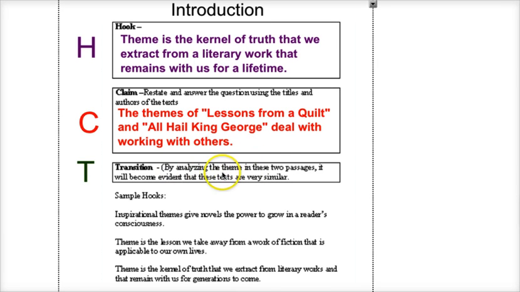By analyzing the main characters in these two passages, it will become evident that these texts are very similar. Or if they're asking about point of view, you can say by analyzing the point of view in these two passages, it will become evident that these two texts are very similar, because that's what you're going to be doing in the first two body paragraphs of your essay. So again, we have a hook, a claim, and a transition. HCT.